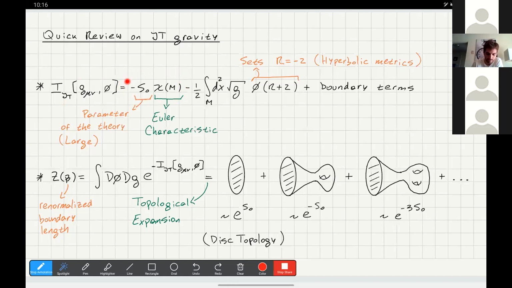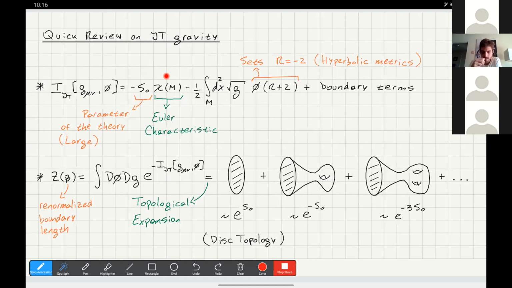We have a first term, which is quite important, composed of this constant S0, simply a parameter of the theory. We will mainly be considering the case in which this parameter is large. It is accompanied by the Euler characteristic, which measures the genus of the manifold on which you are placing the theory.